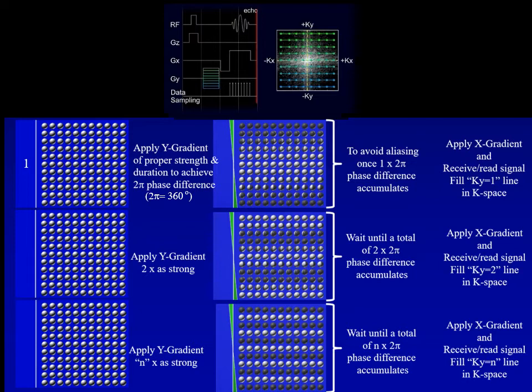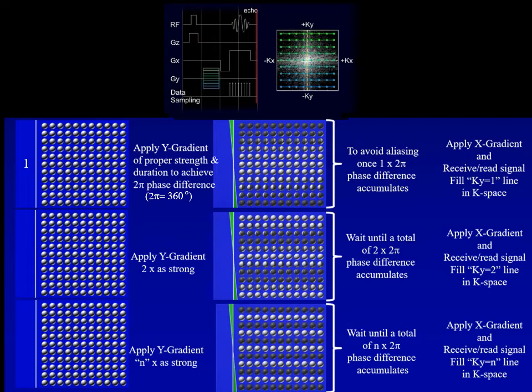Starting from left to right, we have all the balls with the white faces facing us. As we move to the right, we apply a y gradient of proper strength and duration to achieve a 2 pi phase difference between the ball at the bottom of the image and the top of the image, which is 360 degrees difference, or 1 complete revolution.